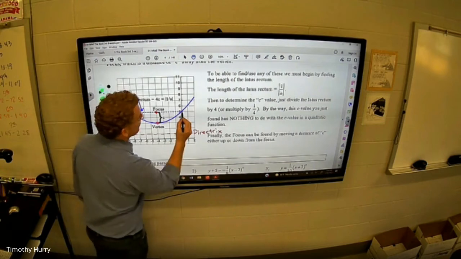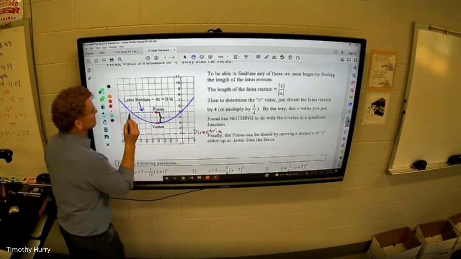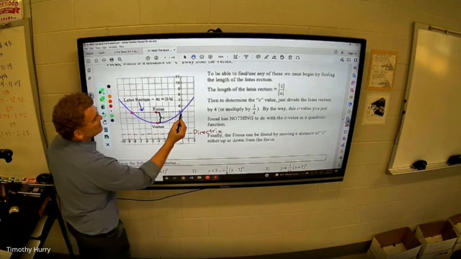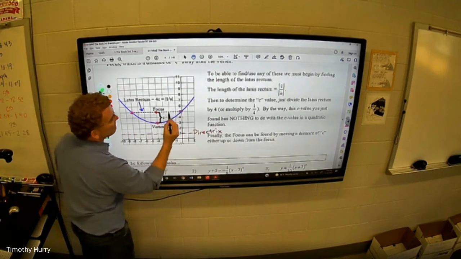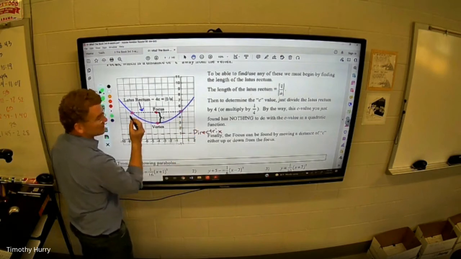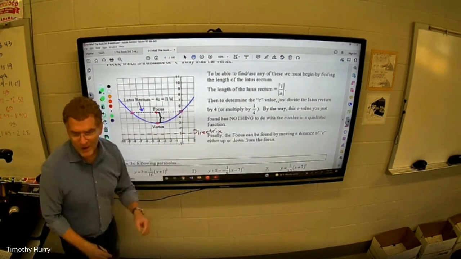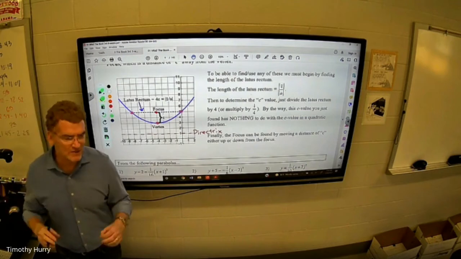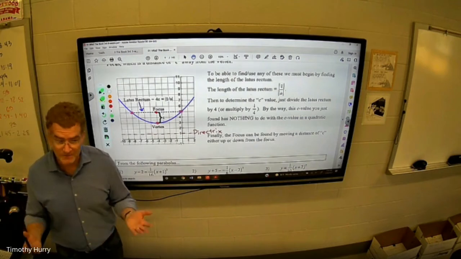A couple of other points are this point there and this point here, because you can see this point right here is 4 away from the focus, but it's also 4 away from the directrix. Now, these 2 points are the endpoints of something called the lattice rectum.